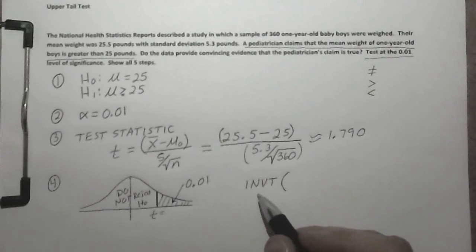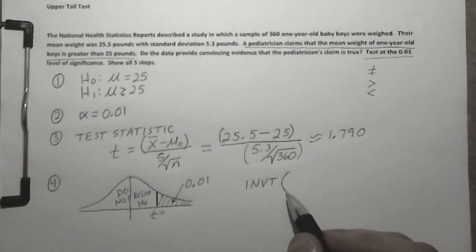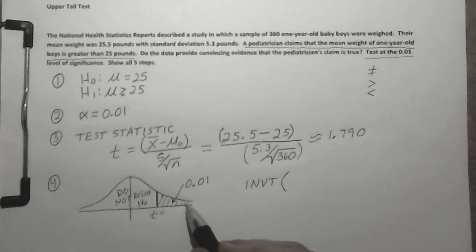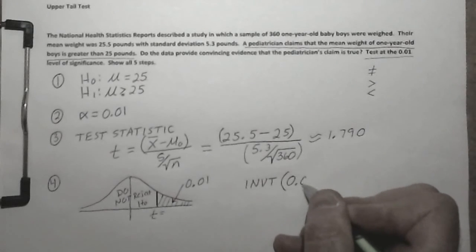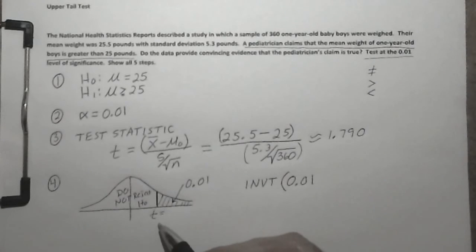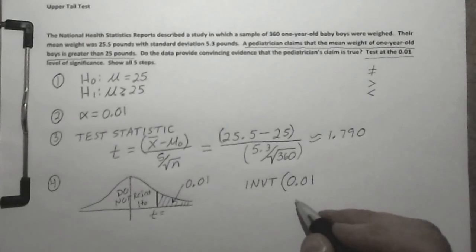But notice your inverse t function requires that you always type in the area to the left of the t value you wish to find. Well, our t-value has area to the right of it, which is 0.01. And so what we're going to type in is 0.01, but when we do so, we're going to get a negative t-value, but we'll just drop the negative sign and report it as the positive value, due to symmetry of this curve.